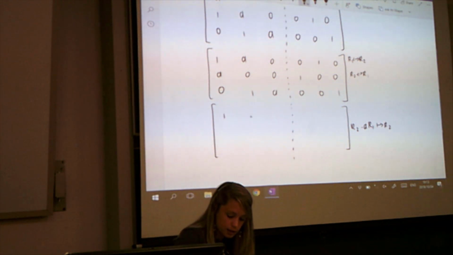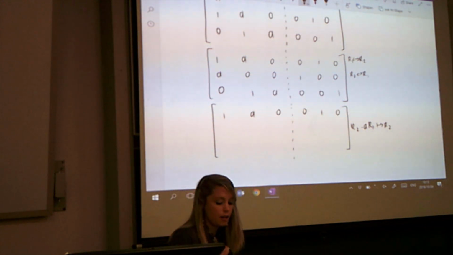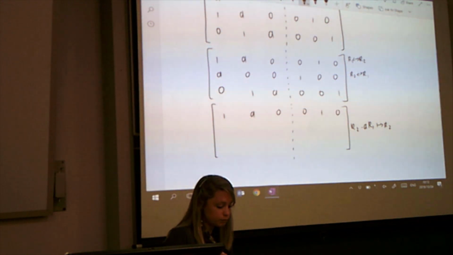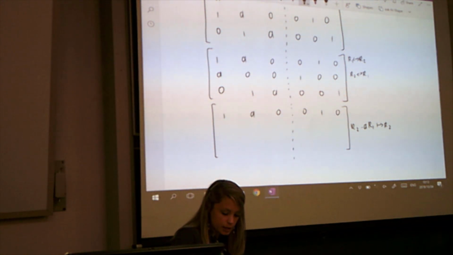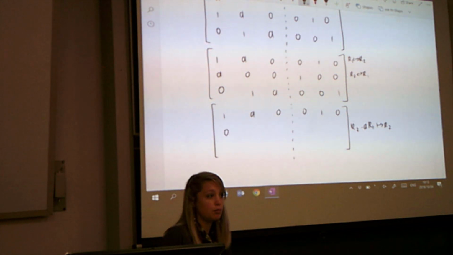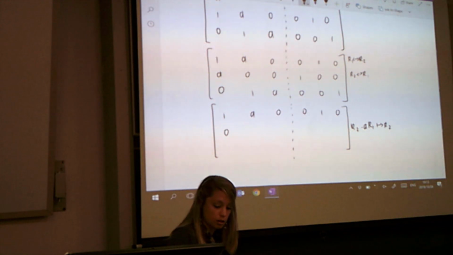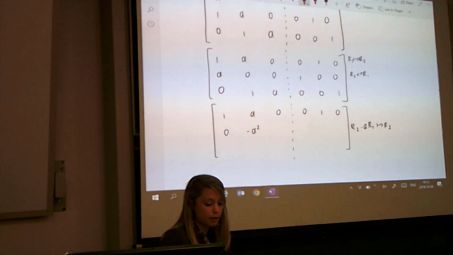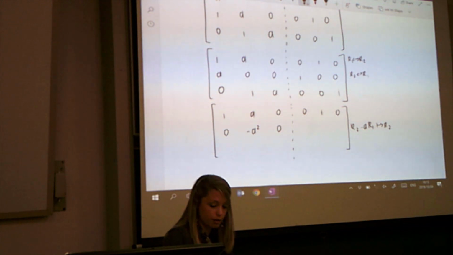So my row 1 stays the same. For my row 2, I'm going to have a 0 here. Then I'm going to have 0 minus A times A, so it's going to be minus A squared. Then I'm going to have 0 minus 0, so it's just 0.